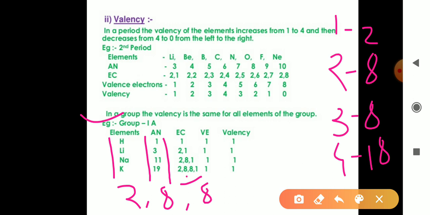So the total electrons become 8 plus 8, 16, plus 2, 18. But the atomic number is 19, so one more is needed, so one electron in the fourth shell. So this is the electronic configuration for potassium.